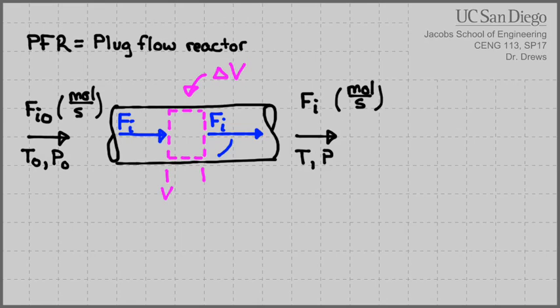When it exits this little control volume, it has now experienced that same volume V plus the tiny little element of volume delta V. Right? It has passed through the reactor a tiny bit. We're looking at a very tiny slice of this reactor.